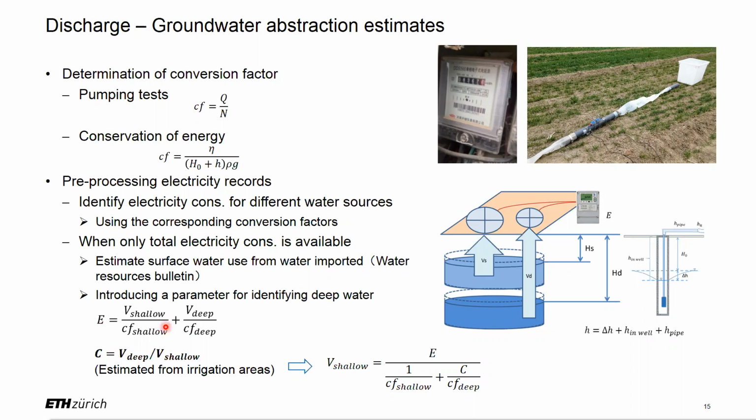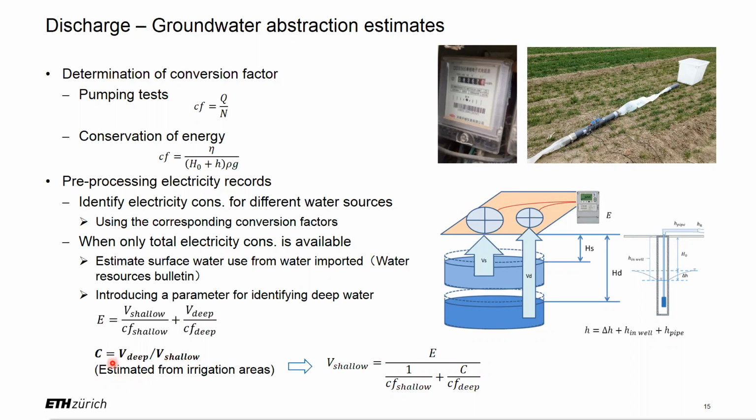But there are two unknowns in this equation. So we introduce one parameter, a C value, which is the ratio of deep water use and shallow water use. This parameter can be estimated from the irrigation areas of the deep water and the shallow water.